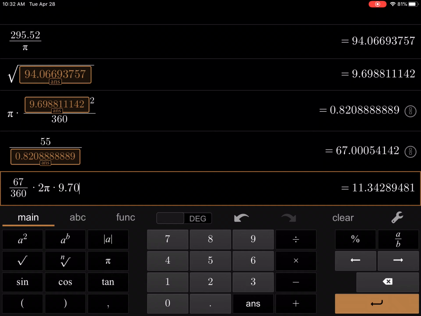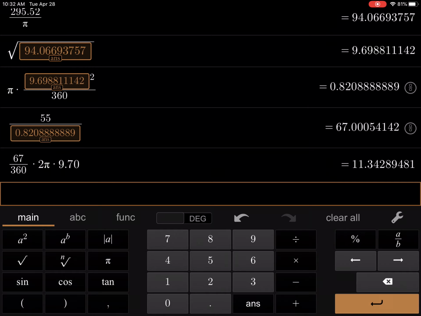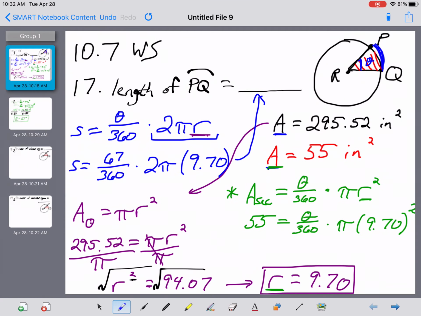So 9.70 for that radius right there. And that should do it. Theta over 360 times 2 pi r should get us our answer of 11.34 for the length of that arc. Since everything here for area was being measured in square inches, we know that we're just in inches for the length of that arc.